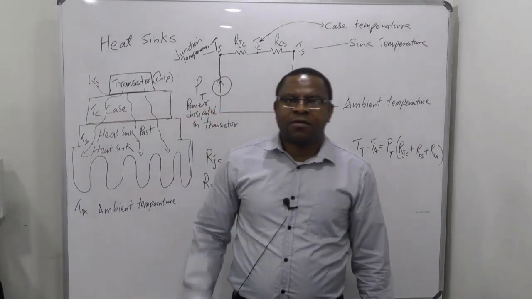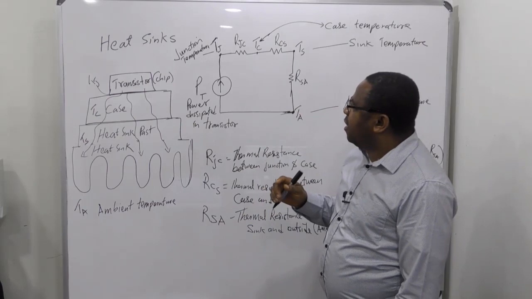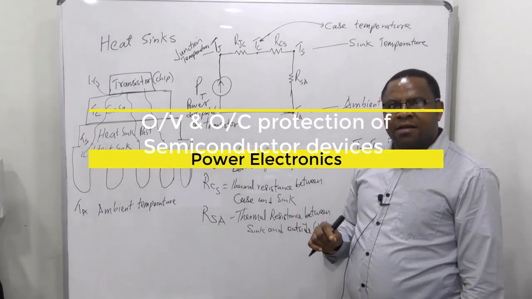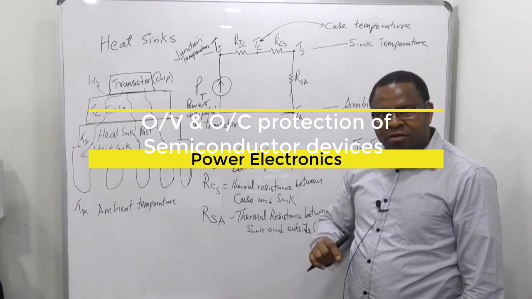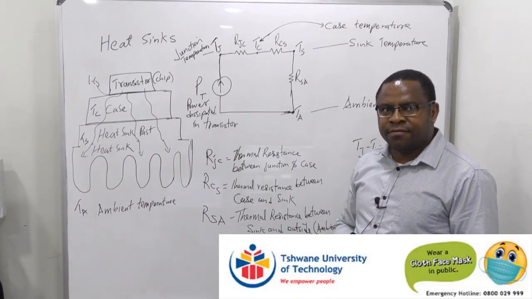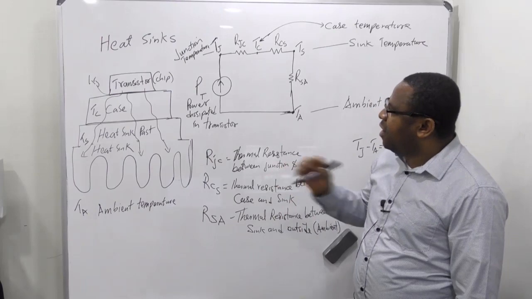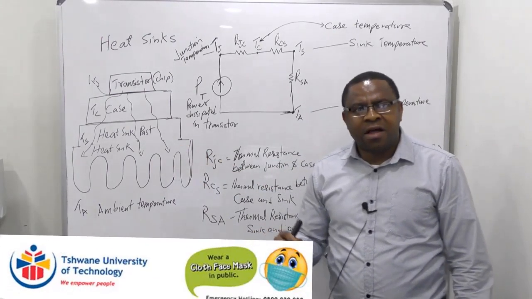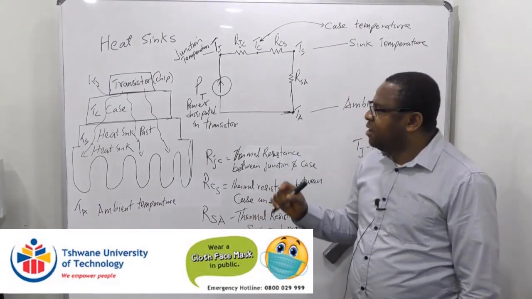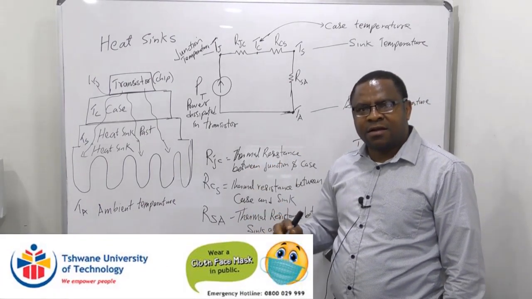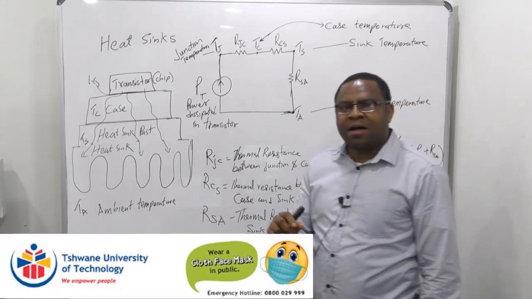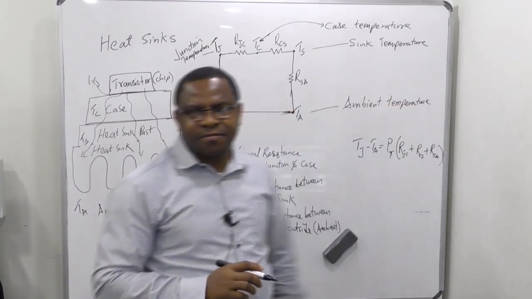Okay, good everyone. Now we'll be looking at heat sinks for semiconductor devices. All right. Now, what is this heat sink? Remember, a heat sink is actually an electronic device that is made of good thermal conducting material.